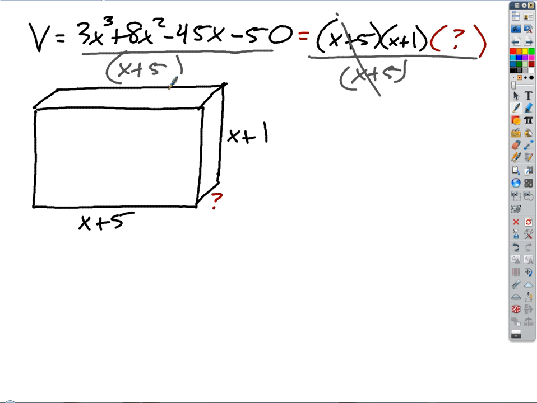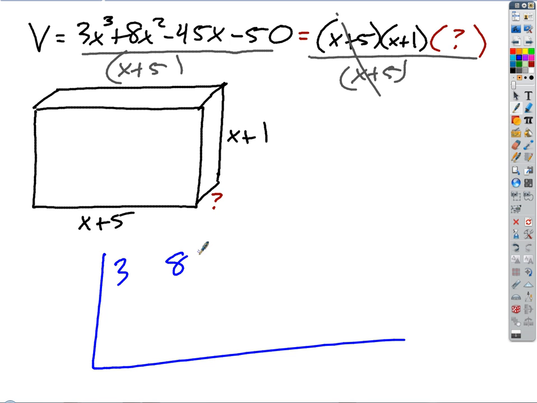Based on the nature of this problem, those have to be factors, don't they? Okay, so let's do this. What are the coefficients? 3, 8, -1, and -3. And we're dividing in what? Negative 5.